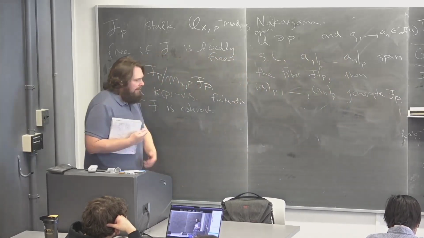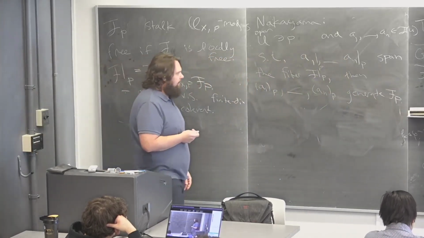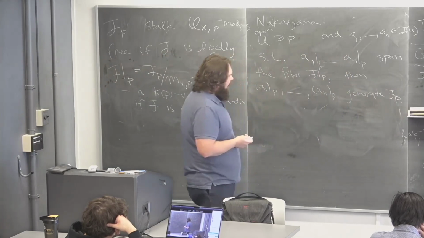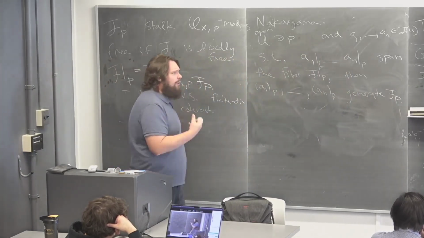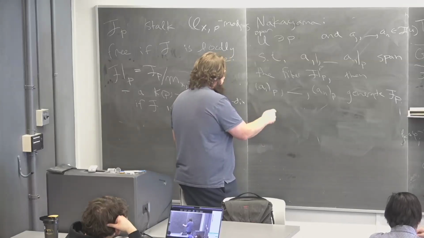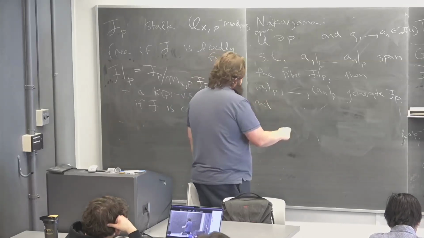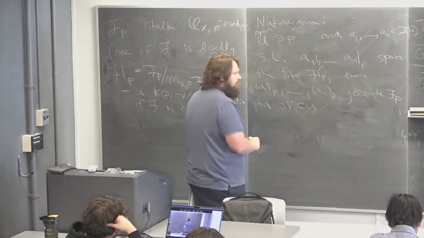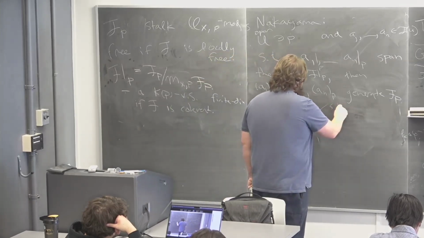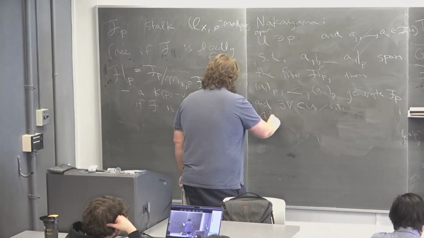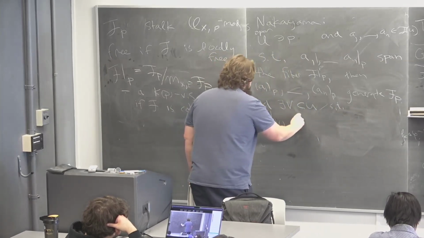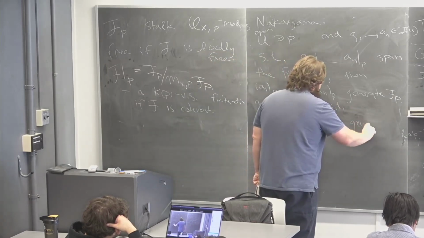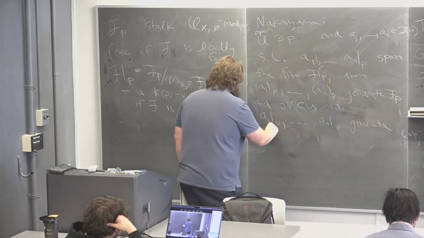More generally, I can look at the subsheaf they generate. That sheaf maps surjectively at the point P, and so its cokernel is 0 on some open neighborhood of P. So there exists some possibly smaller open V inside U such that a_1 restricted to V through a_n restricted to V generate.